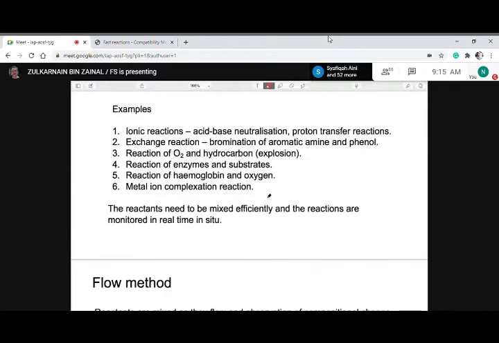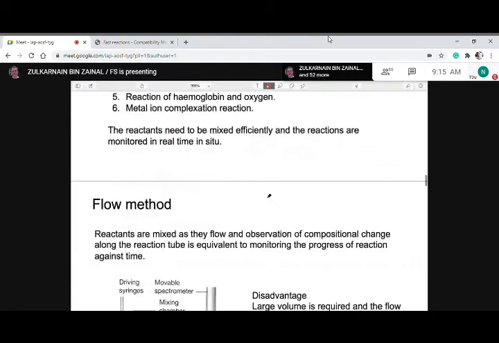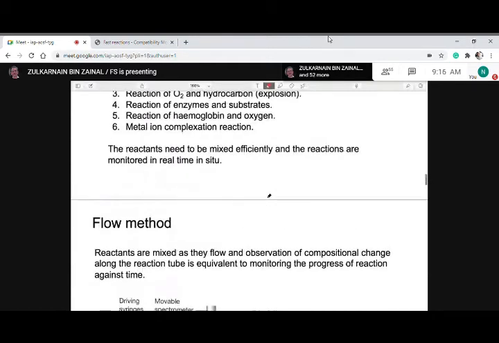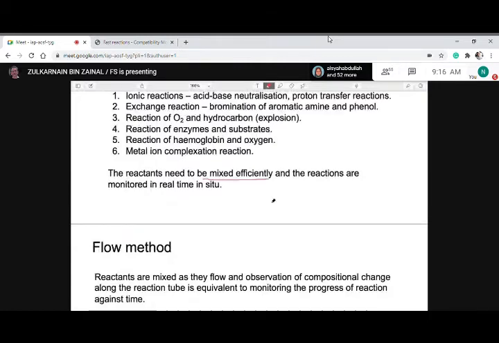So there are a number of processes which can be considered very fast. How do we deal with fast processes like this? What is important for us is to efficiently mix the reactants, otherwise we'll miss the process, right?